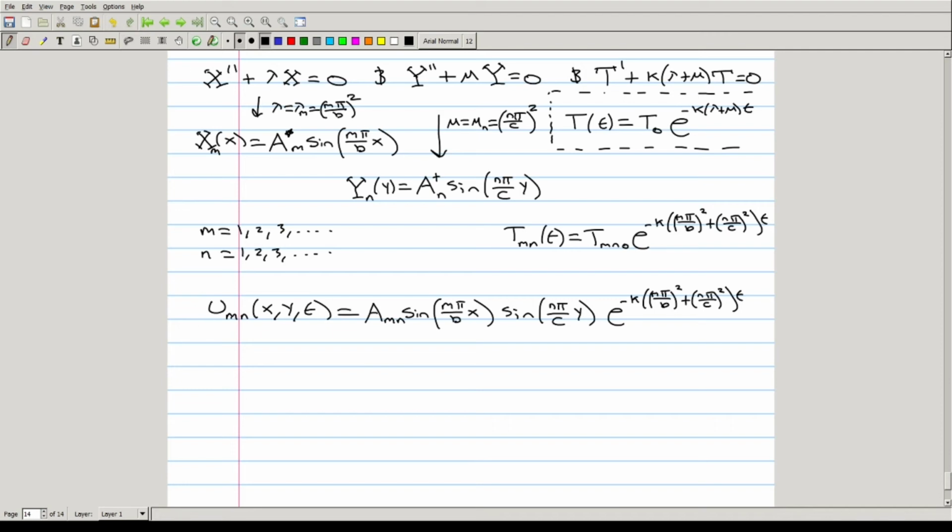And any solution of this form satisfies both boundary conditions that we initially put on the problem.